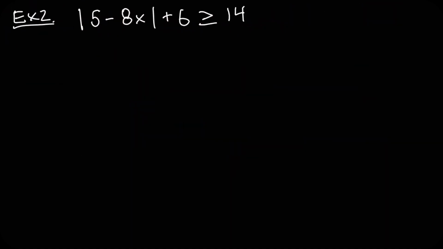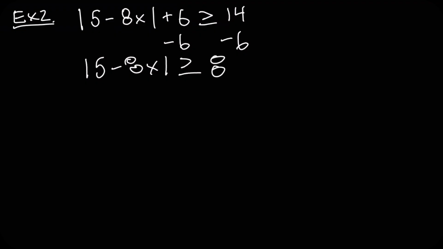Okay, so for our next example, we have the absolute value of 5 minus 8x, plus 6, is greater than or equal to 14. So one thing that will make our lives a little bit easier, go ahead and get that 6 over with the other constant. We're left with the absolute value of 5 minus 8x is greater than or equal to 8.